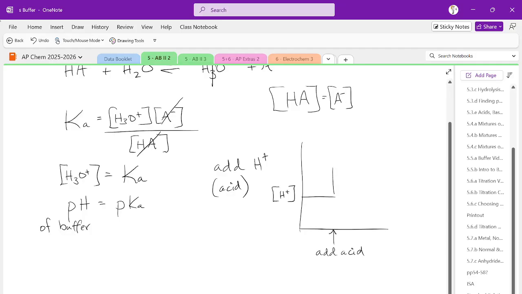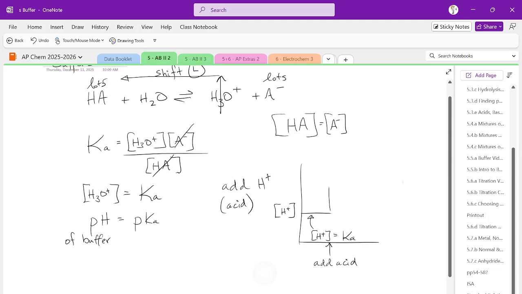There's our hydrogen, we just added some. Here at this point is the original buffer solution, so the concentration of hydrogen is equal to the value of Ka.